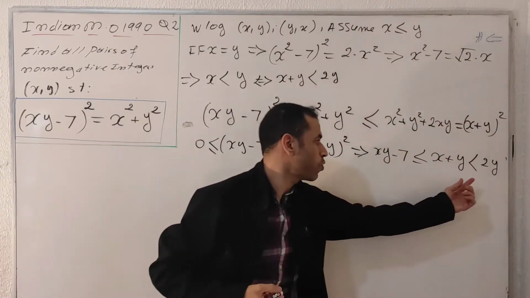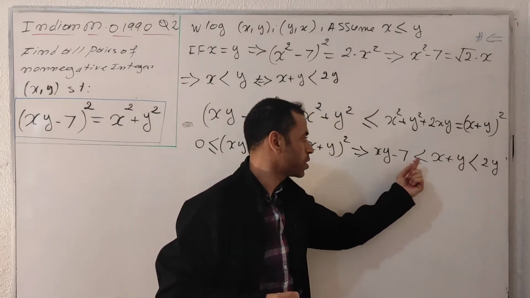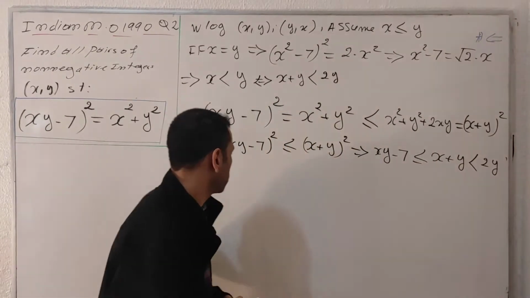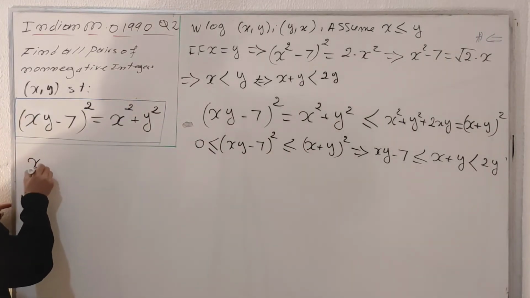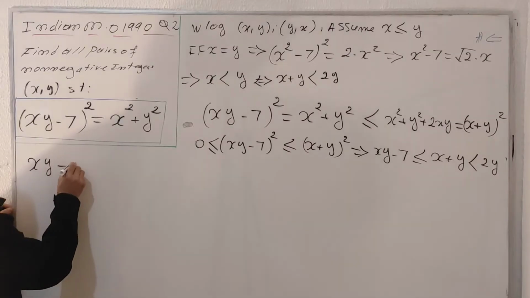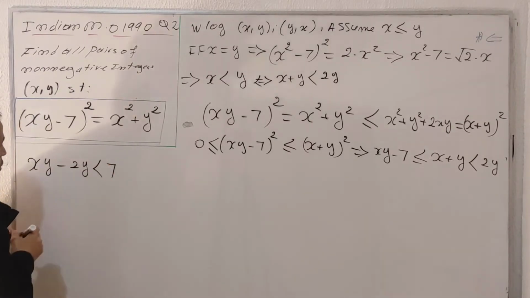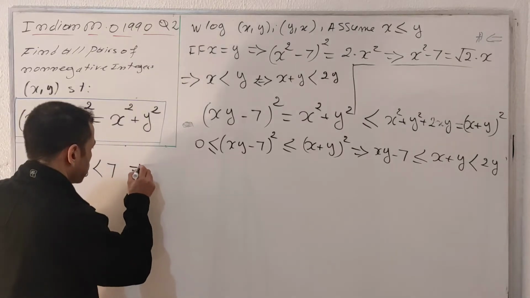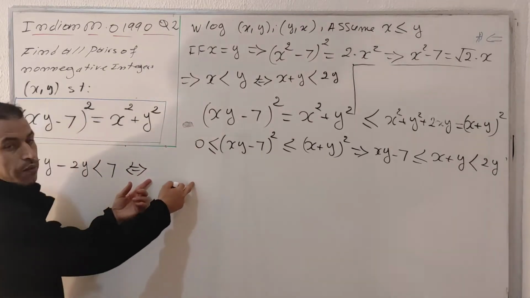Then I'm going to move over this 2y to the left hand side of this inequality and move over minus 7 to the right hand side of this inequality to have the following expression. So we'll have xy - 2y is strictly inferior to 7. This one is equivalent. I'm going to take y as a common factor for the left hand side of this inequality.